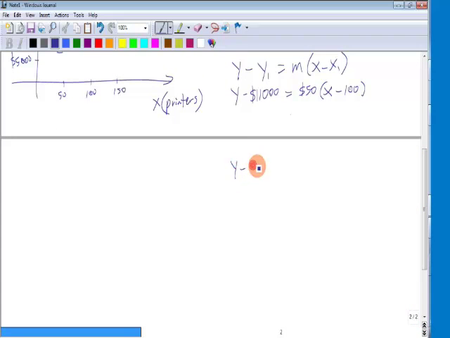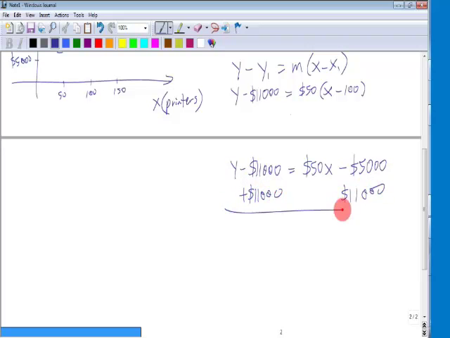What do we have? Y minus $11,000 equals $50 times x minus $5,000. Add $11,000 to both sides. And we get y equals $50 times x plus, whatever you get when you combine those, $6,000.